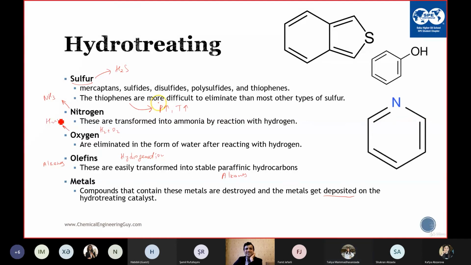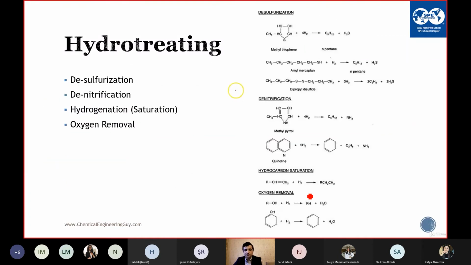Yes. So sulfur, nitrogen, and oxygen are converted to H2S, NH3, and water. Olefins, so we have the hydrogenation reactions. Olefins are converted to paraffins, and metals deposit on the catalyst. So we have the desulfurization reaction, the denitrification reaction, the hydrogenation reaction, and the oxygen removal. This is the list of the reactions.